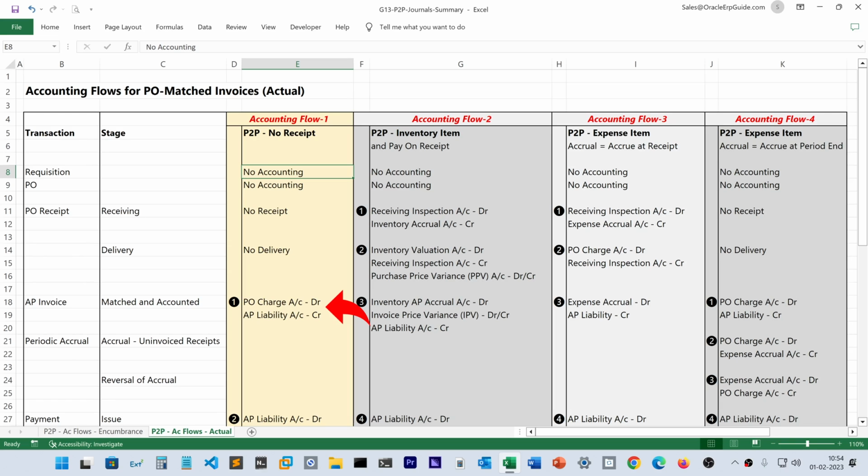The PO charge account gets debited, it is the same account which is used on the PO distributions, and the AP liability account is credited. How these accounts default is all explained in the payables journals video, which is the GL12 video. You can refer to that video if you want additional information about this.